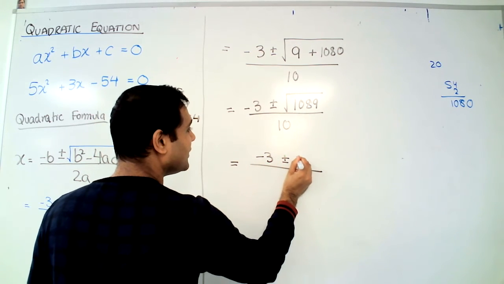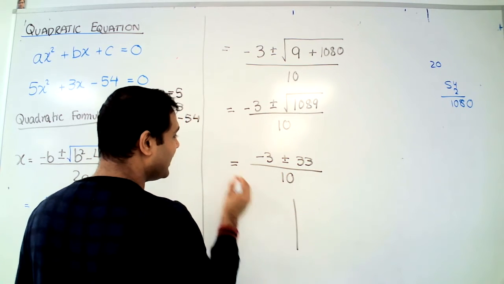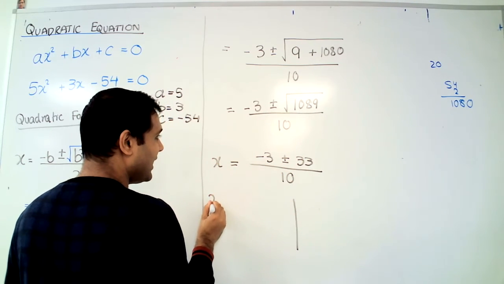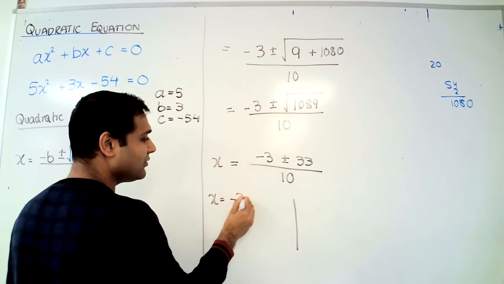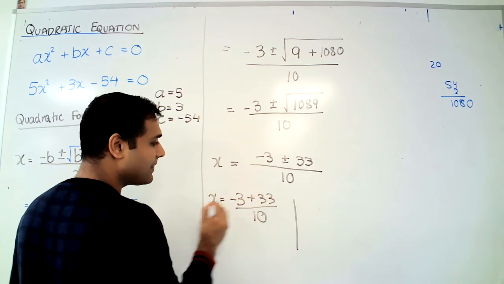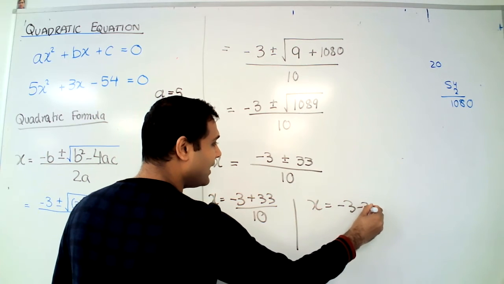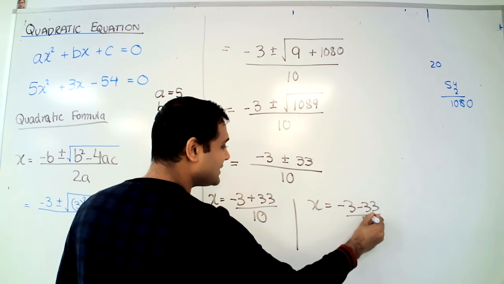Thank you. 33 over 10. So now x has two values: x equals minus 3 plus 33 over 10, and x equals minus 3 minus 33 over 10.